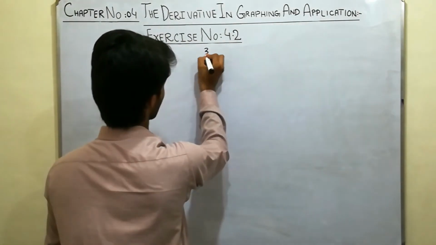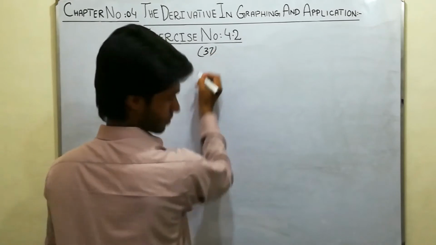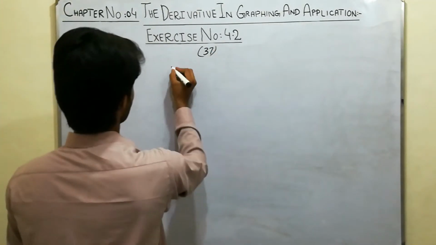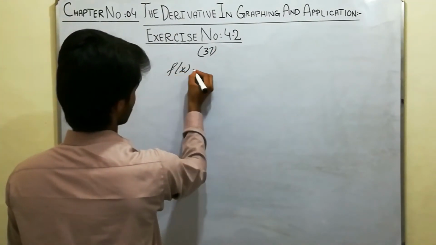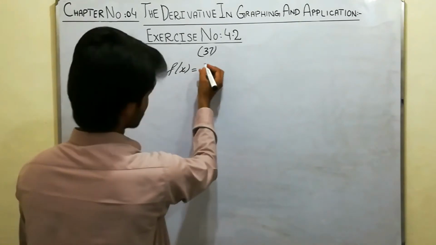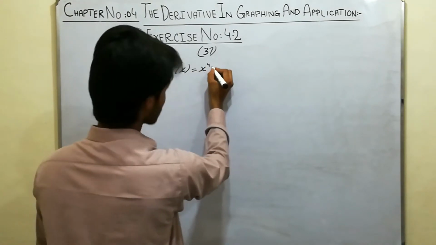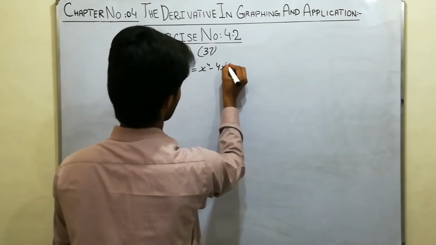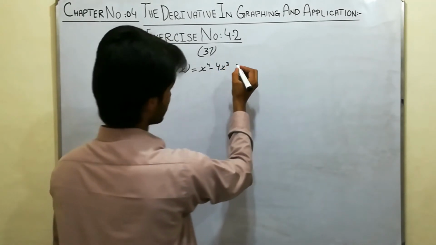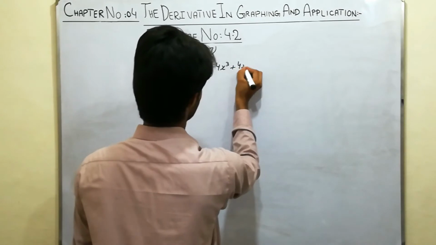And question number 37 says use any method to find the relative extrema of the function. f of x is equal to x to the 4 minus 4x cubed plus 4x square.